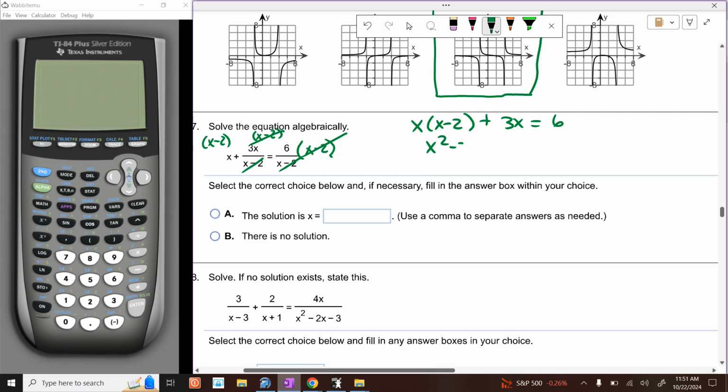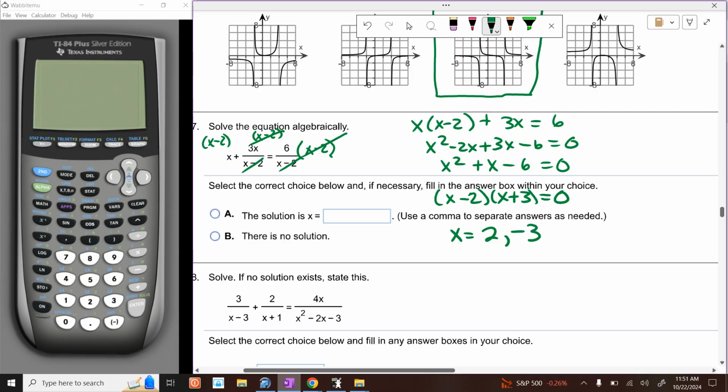So x squared minus 2x plus 3x minus 6 equals 0. So x squared plus x minus 6 equals 0. So it's x minus 2 times x plus 3 equals 0. So x equals 2 and -3.